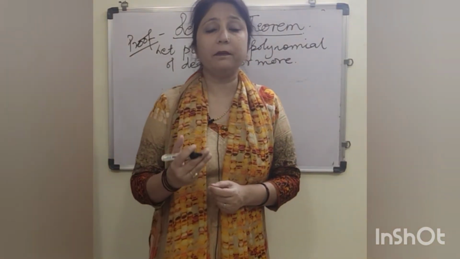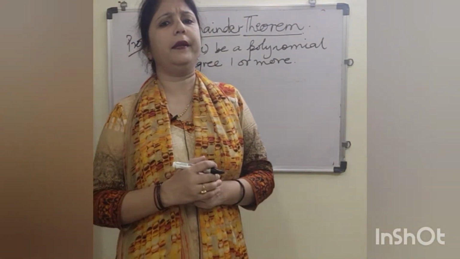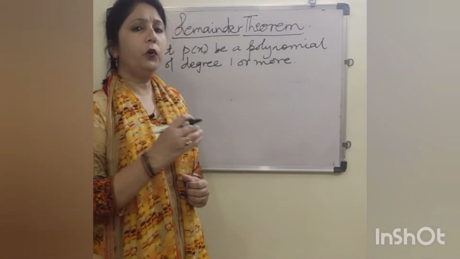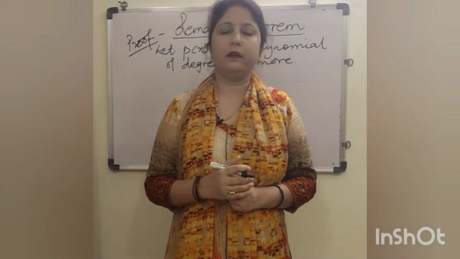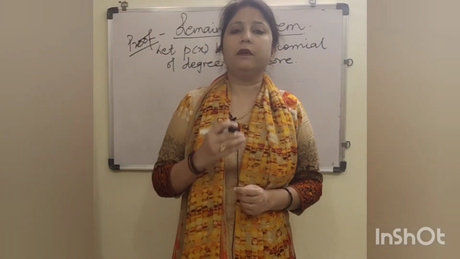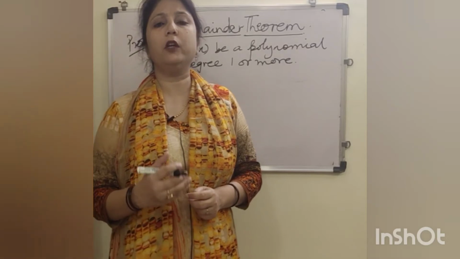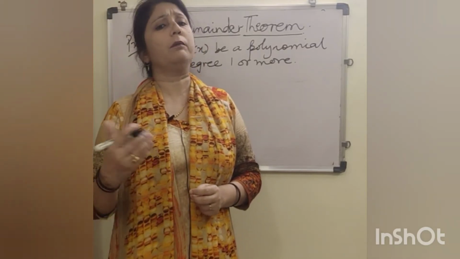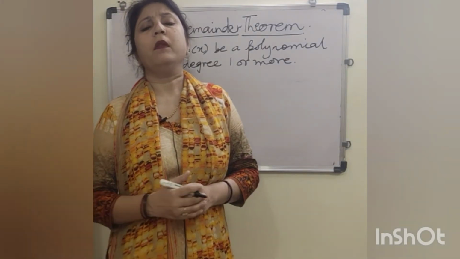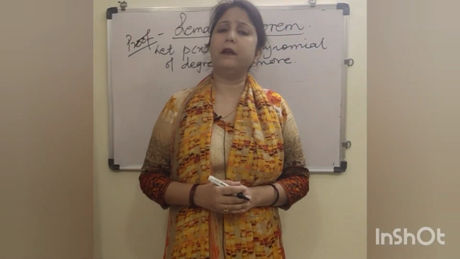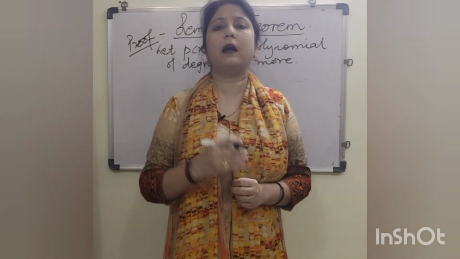So your divisor becomes x minus a, and you obtain q(x) as quotient and r(x) as remainder.